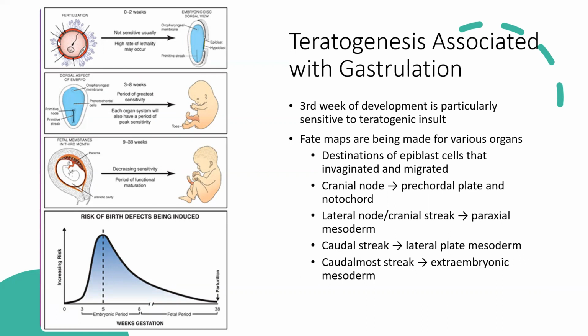So the cranial node has the precordial plate and the notochord. The lateral node and cranial streak becomes the paraxial mesoderm, and the caudal streak becomes the lateral plate mesoderm, and the caudal-most streak becomes the extraembryonic mesoderm. And anything that interferes with this migration and development can cause deformities later on.